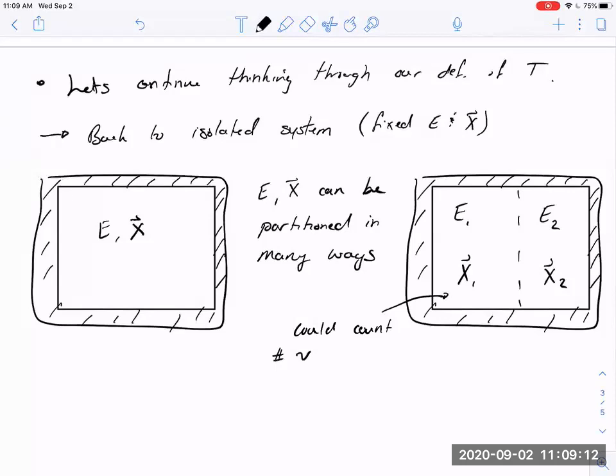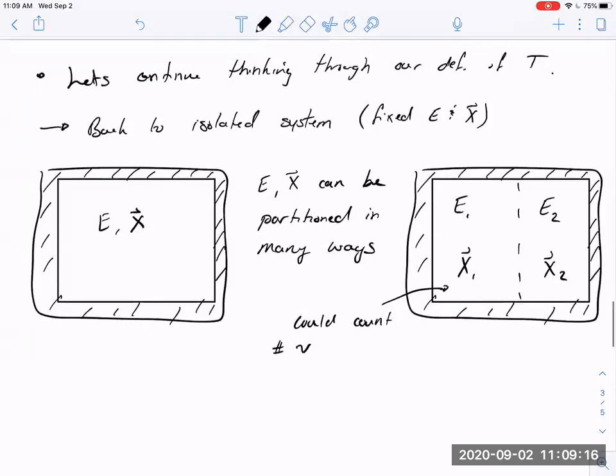If those numbers are large, counting might take a while, but in principle, provided I know the fixed E1 and X1, I could go in and do that counting. Now, if I can count the variables consistent with E1 and X1, that means I know omega for that constraint, which means that I know the entropy by just taking the logarithm and multiplying by Boltzmann's constant.